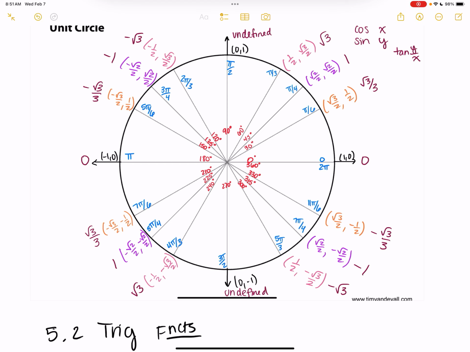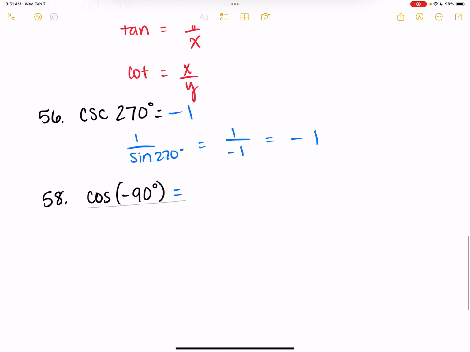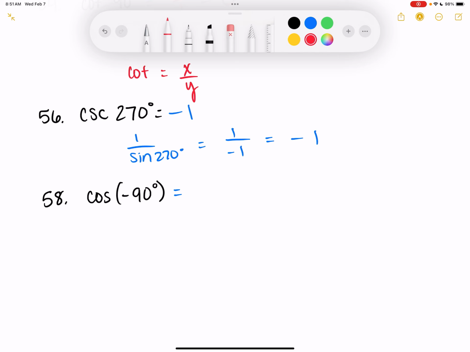But negative 90, we go the opposite direction, so negative 90 is going to be down here. So this is equivalent to the cosine of 270 degrees. Those are equivalent.